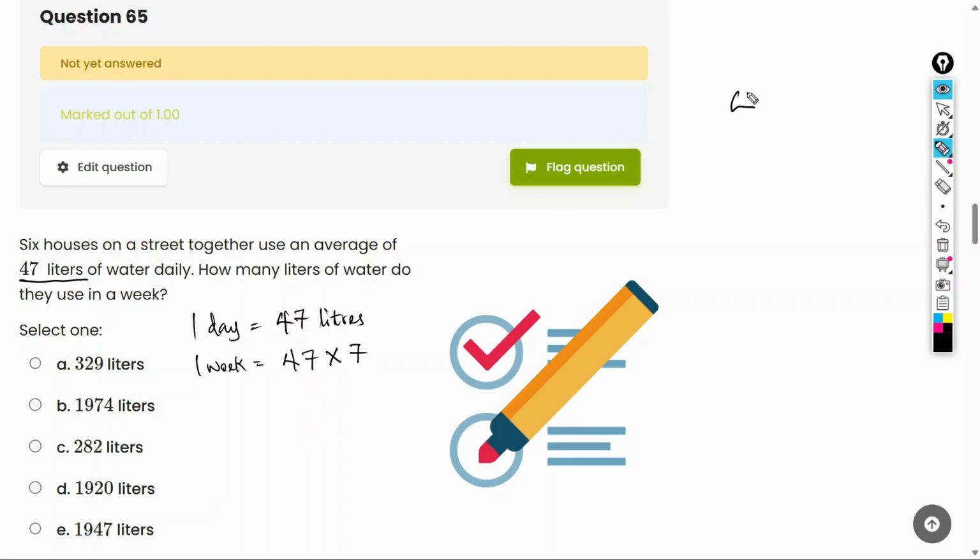So we multiply 47 times 7. 7 times 7 is 49. 9 carry 4. 7 times 4 is 28 plus 4, that's 32. So it means that the street uses an average of 329 liters in a week right here.